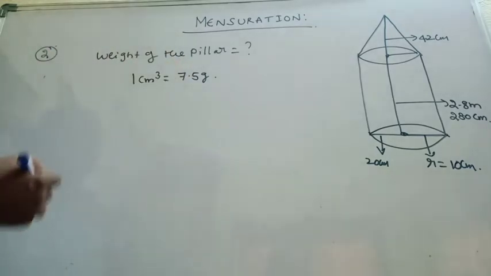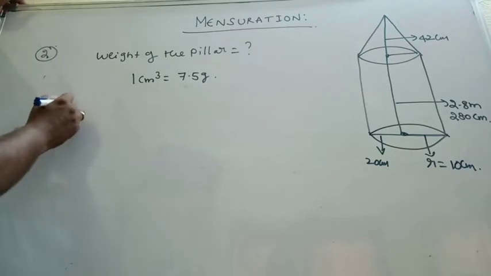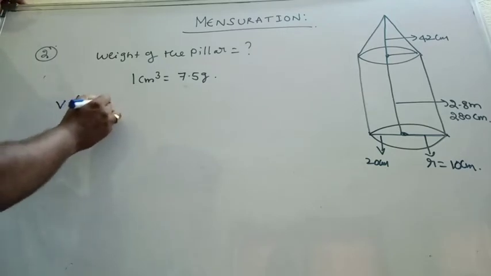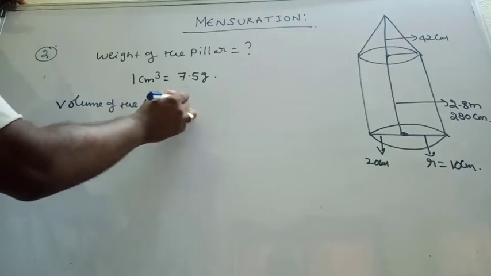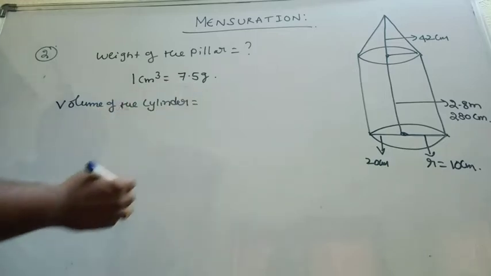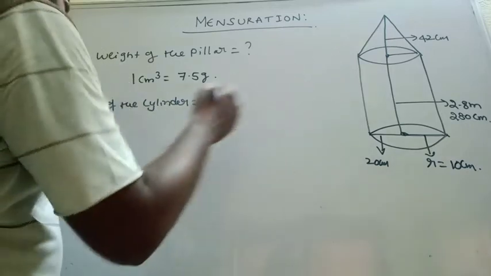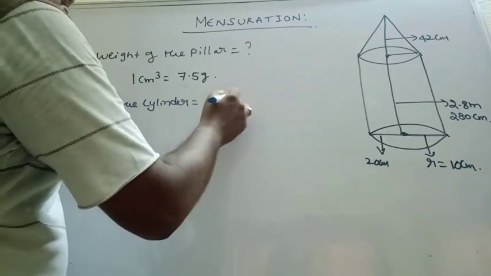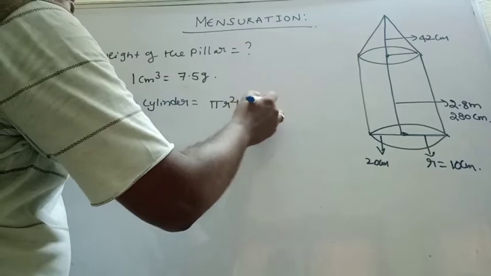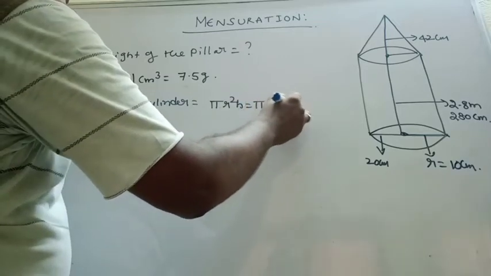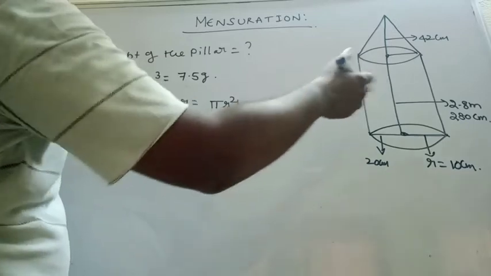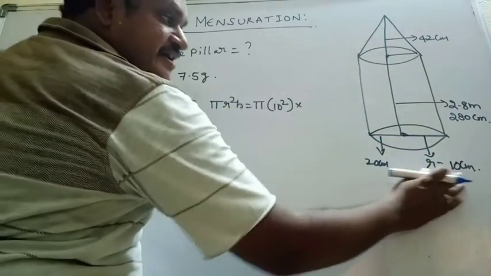Now, my dear students, volume of the cylinder first. Volume of the cylinder is the area of the base into height, that is pi r squared h. Pi into r squared, r is 10, 10 squared into h. Height h in centimeters, because we are taking everything in centimeters.